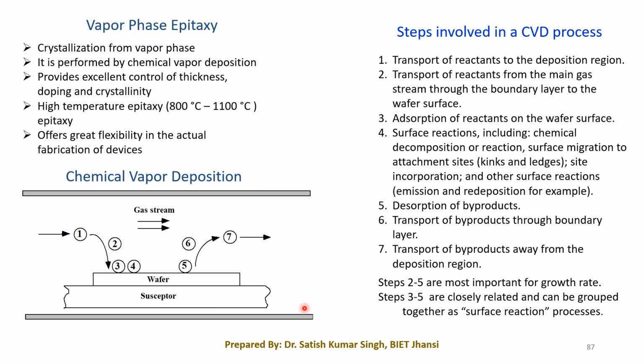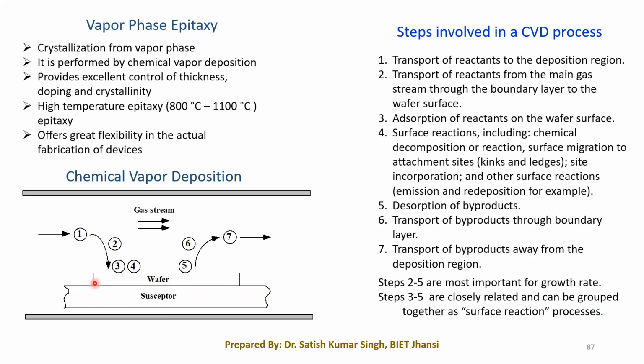Right now, let us say it is an atmospheric pressure CVD technique. Within this chamber we will have a graphite susceptor. It will be like a base, a platform onto which we can place our wafers.